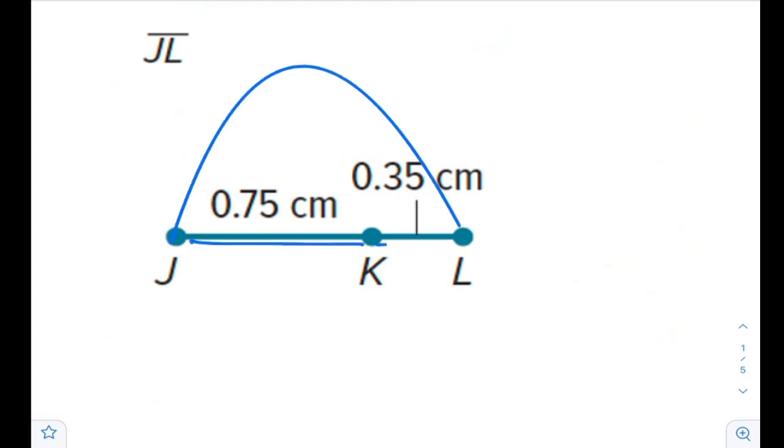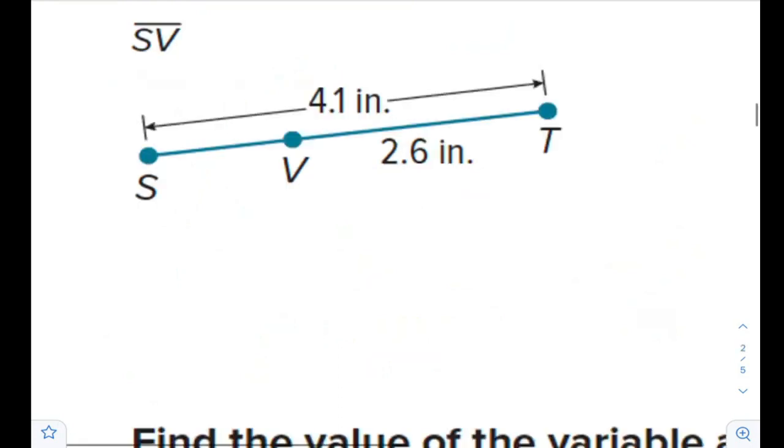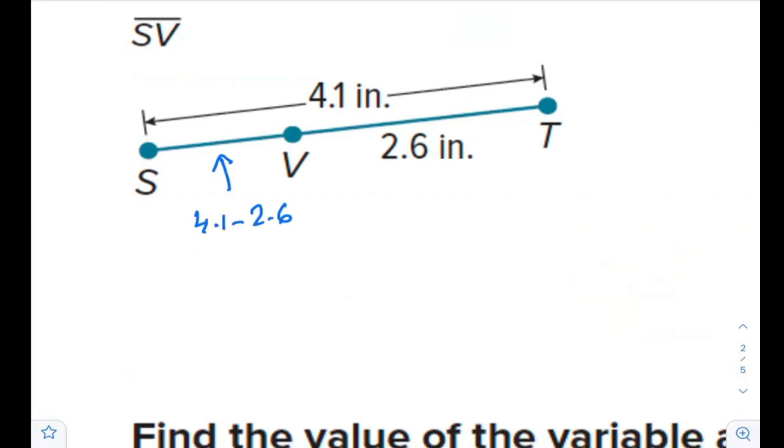We know parts, simply you can add them. So JL is 0.75 plus 0.35, which is 1.1 centimeter. Here mentally, SV is 4.1 minus 2.6, which is 1.5 millimeter, because this is part.